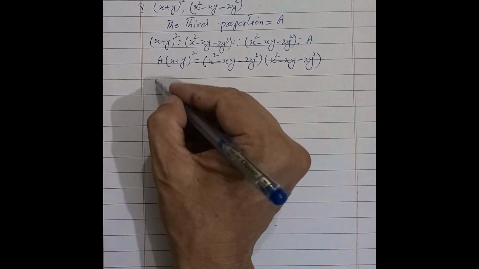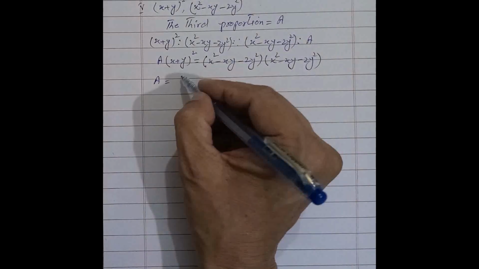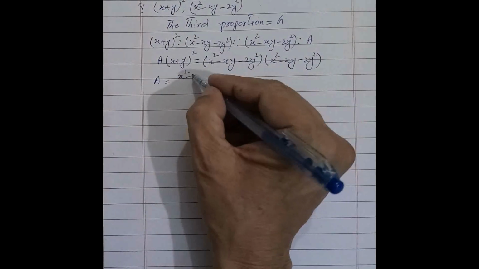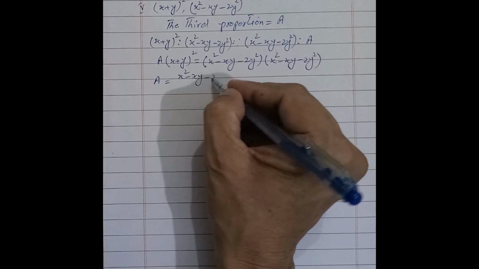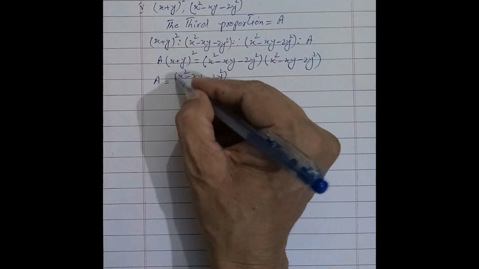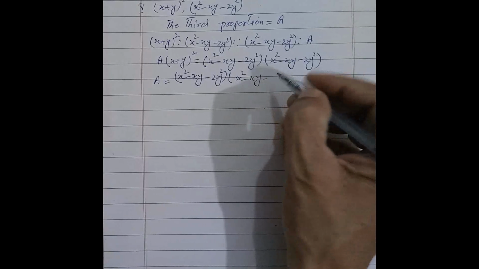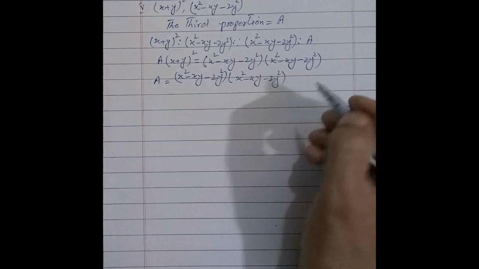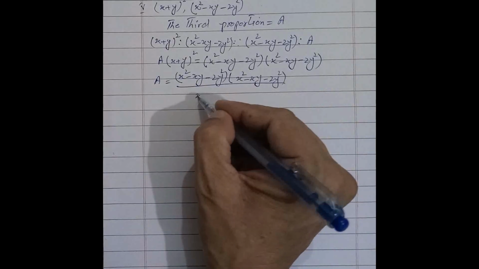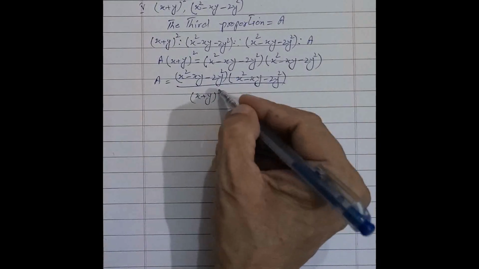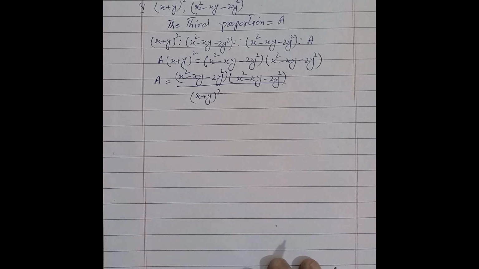And then we find the value of a, which is equal to (x^2 minus xy minus 2y^2) whole square and the other (x^2 minus xy minus 2y^2) whole square over (x plus y) whole square.